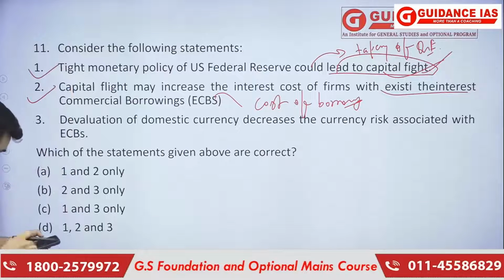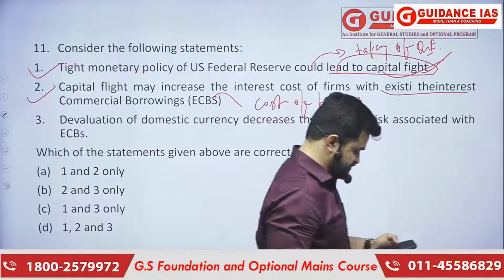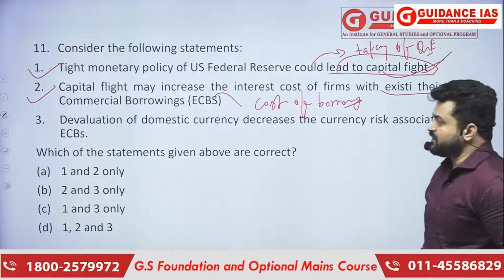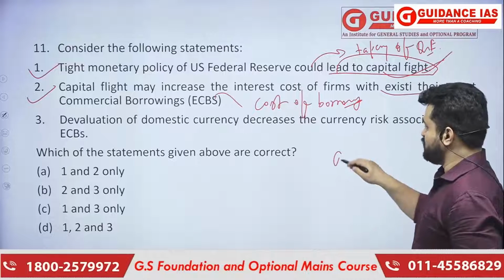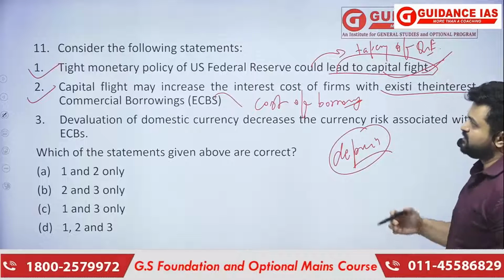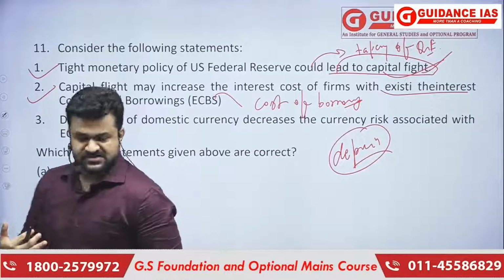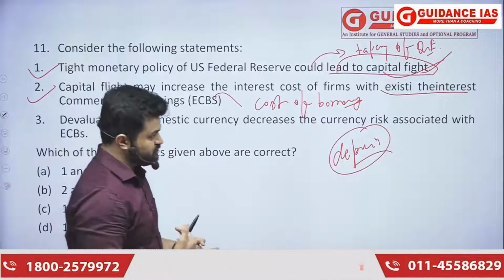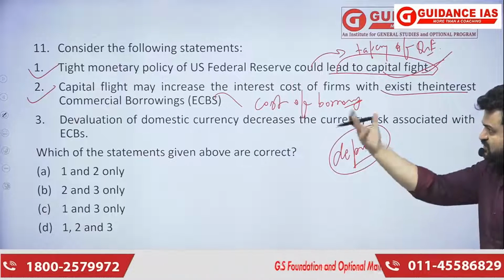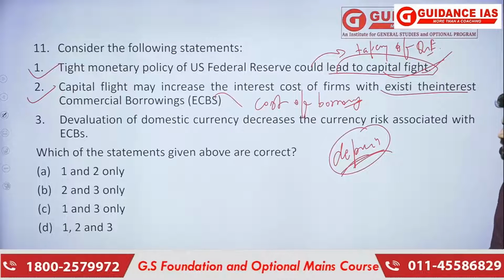The next statement is: devaluation of domestic currency decreases the currency risk associated with ECBs. Now, depreciation, you already know. If the Indian currency is witnessing depreciation, that means it is losing its value vis-a-vis the dollar, or with respect to any other currency with which we are making that comparison.